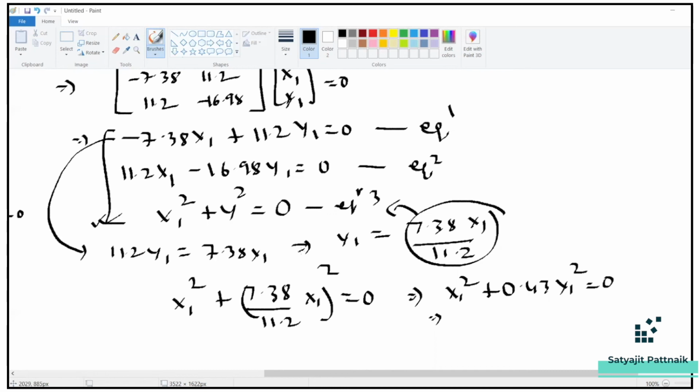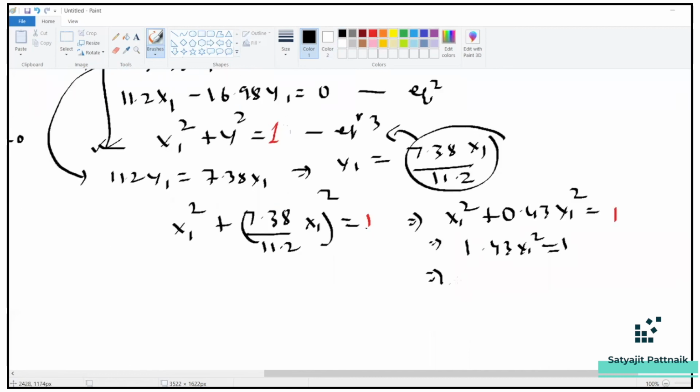This is not 0, this is 1. My mistake. So x1 square plus y1 square equals 1. I will just rub these things out as well, the right-hand side. So this equals 1, and then 1.43 x1 square equals 1.